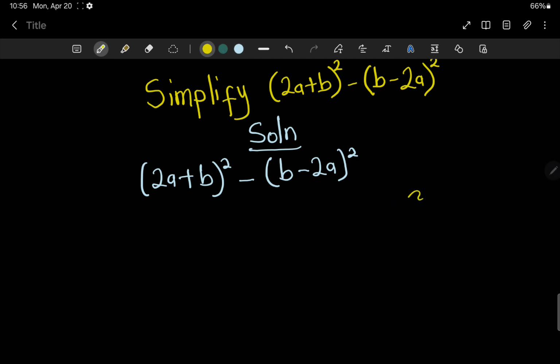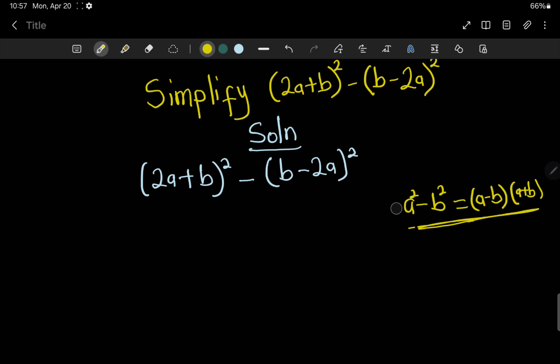We have a rule that says if you have a squared minus b squared, it is the same as (a minus b)(a plus b). So we'll use this ideology to solve this question.